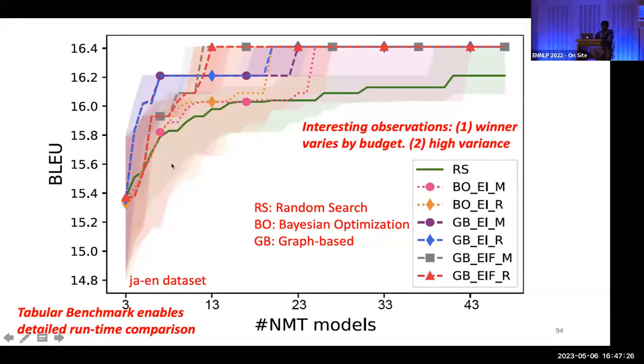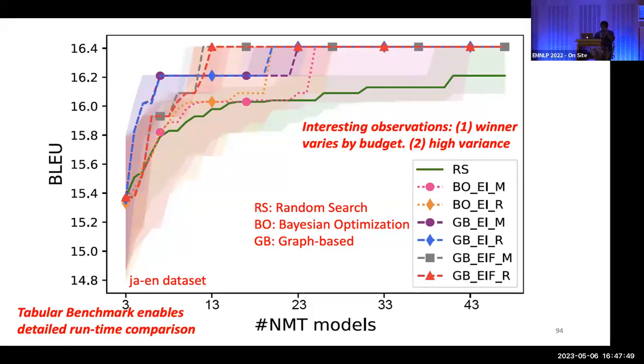The nice thing about this is that since everything is sort of simulation, you can run a lot of experiments. In this experiment I'm showing, different curves are different kinds of HPO methods. The actual method doesn't matter, but we can also plot error bars now, because we can run the simulation multiple times.